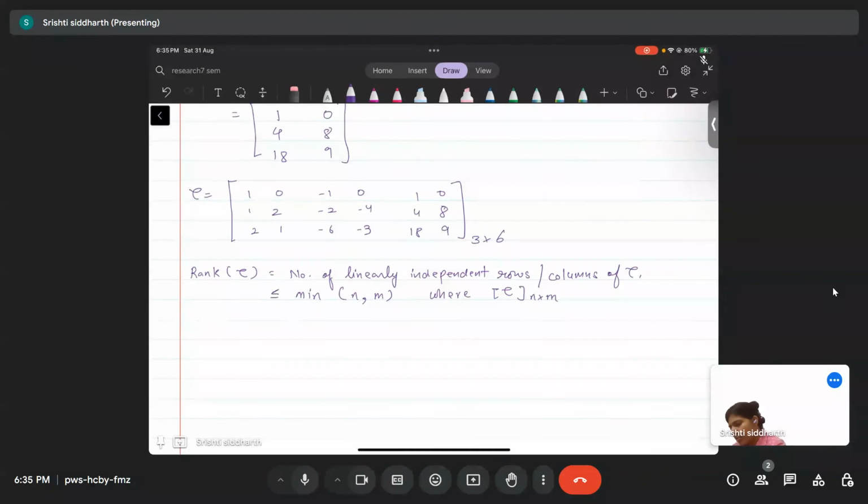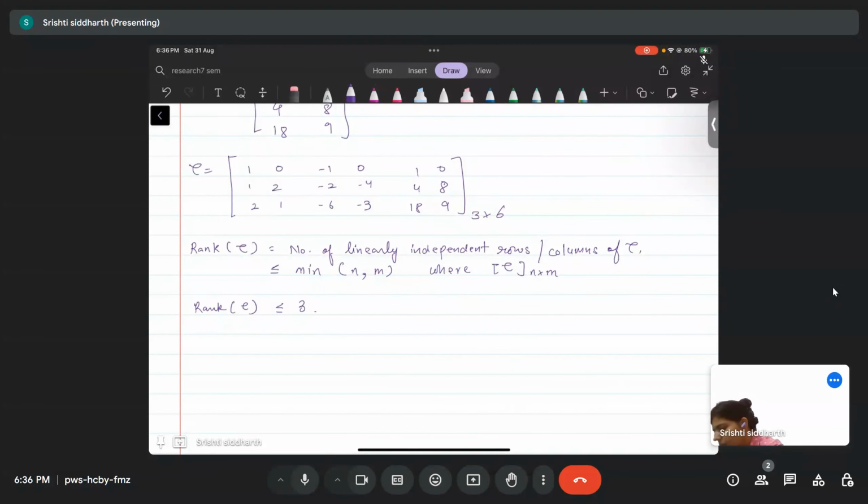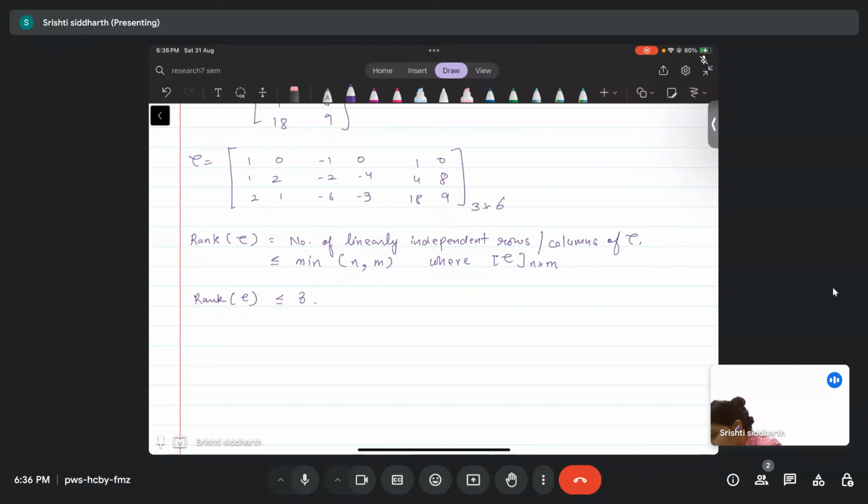Okay, so then what does it say? That the rank of the controllability matrix is going to be at most 3, right? So if it is 3, then it's controllable. If it's anything less than 3, then it's not controllable. Okay, so let's check if these 3 rows are linearly independent. So how do you check that?